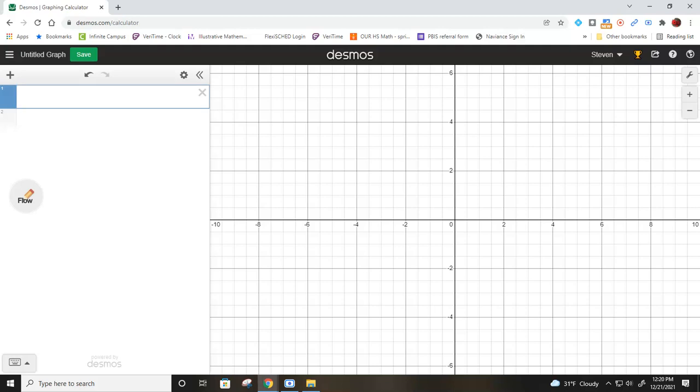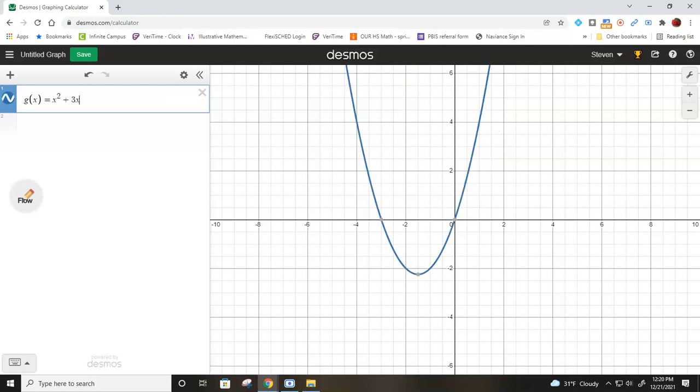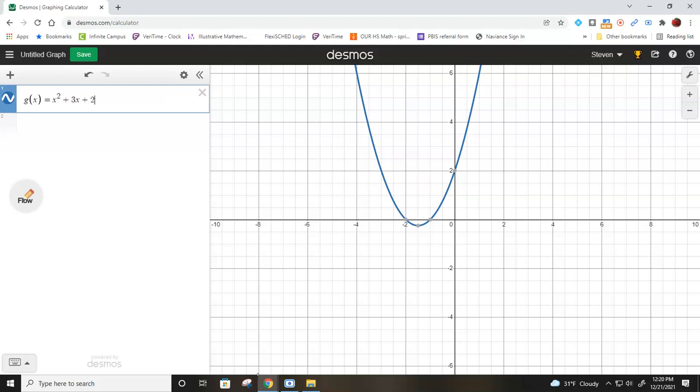Let's just do it this way. G of x equals x squared plus 3x plus 2. And if I look here, my minimum value is negative 0.25.